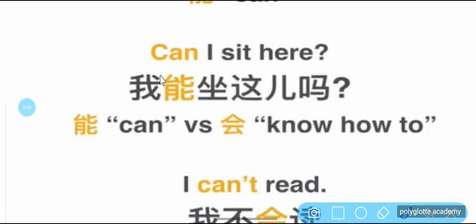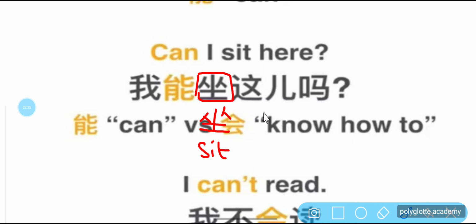we have this character 坐, which means to sit.